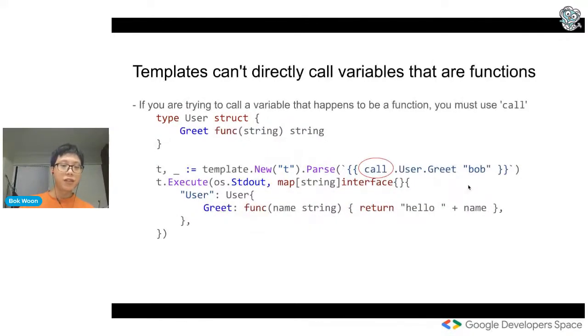However, templates cannot directly call variables that just happen to be functions. If you want to do that, you must use the call function. Here the user has a Greet function variable, and I'm passing in a value, but in order to use it, I must use call .User.Greet Bob, and then I will be able to print hello Bob.